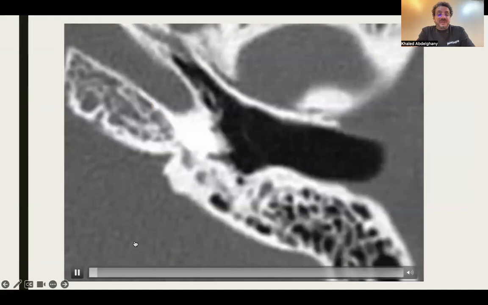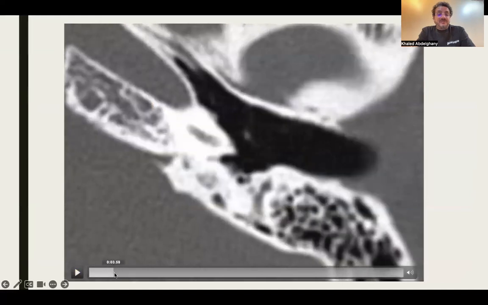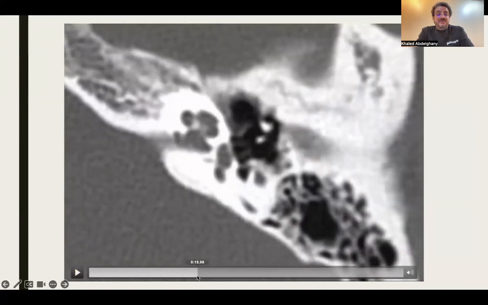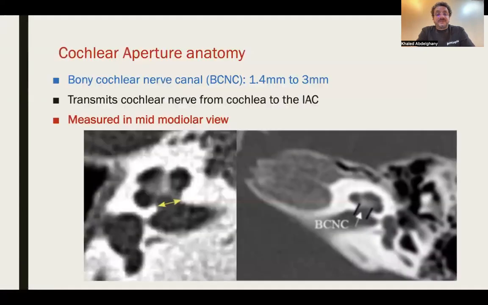So here again, we can see the mid-modular view showing the internal auditory canal entering the cochlear opening here, which is called the cochlear aperture. See the modulus here, it will carry or transmit the cochlear nerve branches to the organ of Corti.